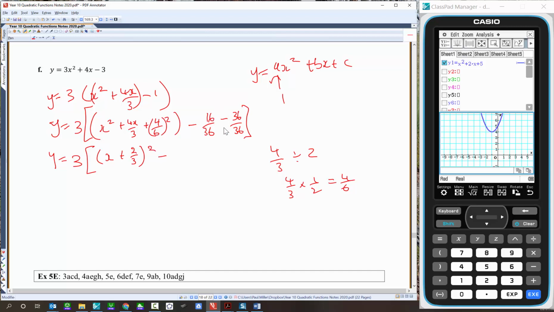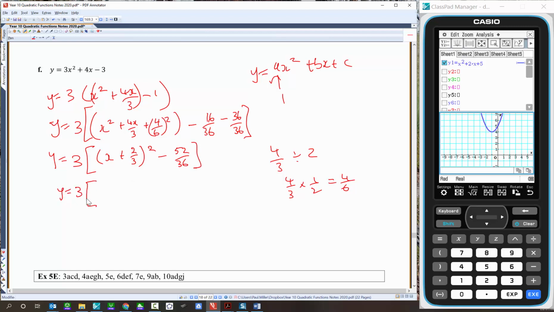I should have simplified it there, it doesn't really matter. Now -36, -46, -52 on 36. Close that.